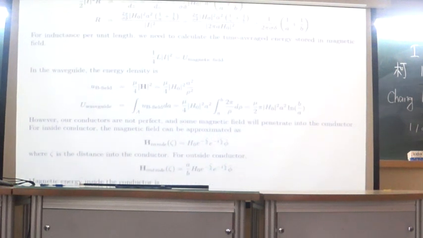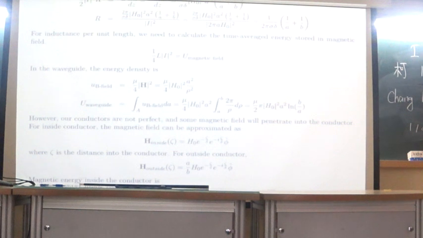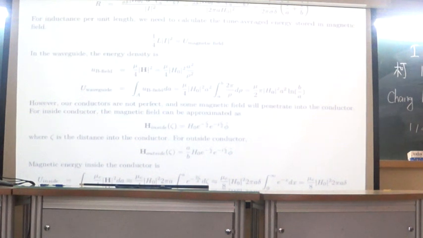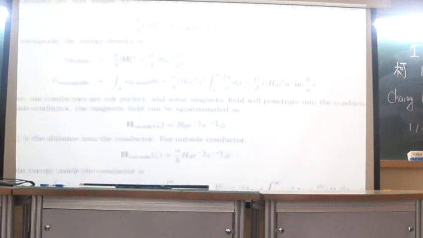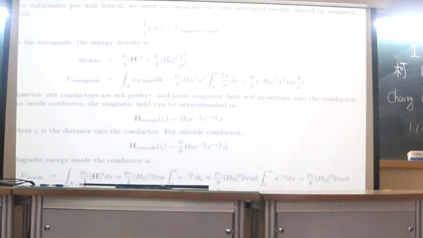And the hard part is the magnetic field inside the conductors. For that, we have the following approximation: the magnetic field decays exponentially into the conductors, the decay length is the skin depth delta, and the direction is the phi direction.